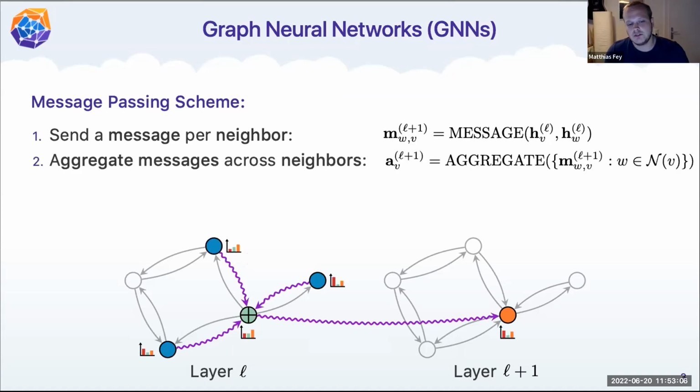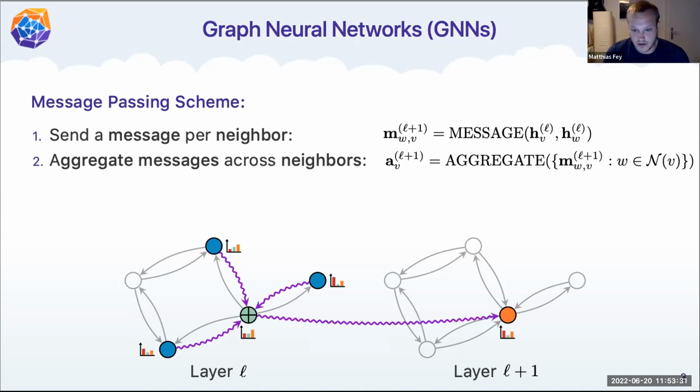We can use this representation to aggregate these messages across all neighbors that point to the same destination node. This aggregate function is usually a permutation invariant or permutation equivariant function. It isn't required to be, but it often is, and most GNN operators simply use a sum, mean, or max aggregation.